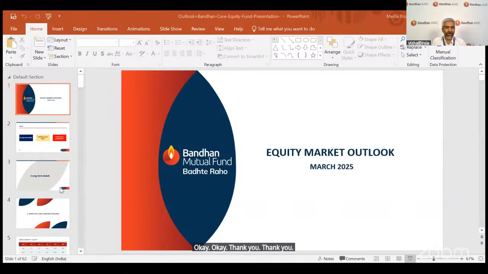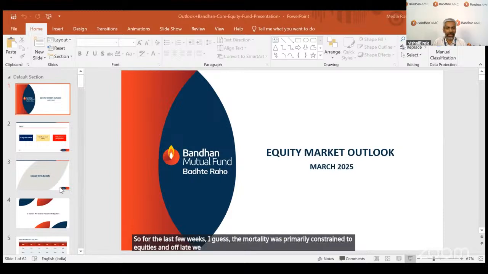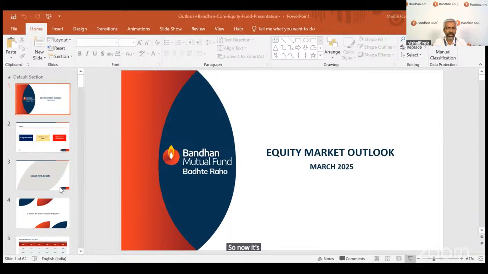For the last few weeks, the volatility was primarily constrained to equities, and of late we have seen volatility across asset classes. We've seen volatility in currencies and in fixed income markets. Credit spreads have increased. So now it's turning out to be a full-fledged pain across the global economy.